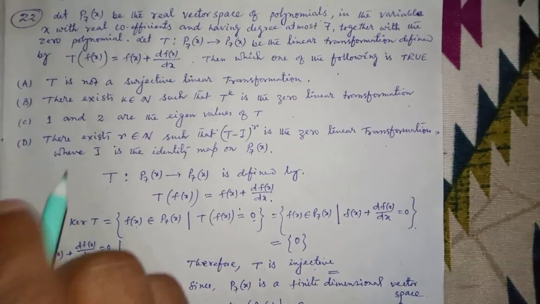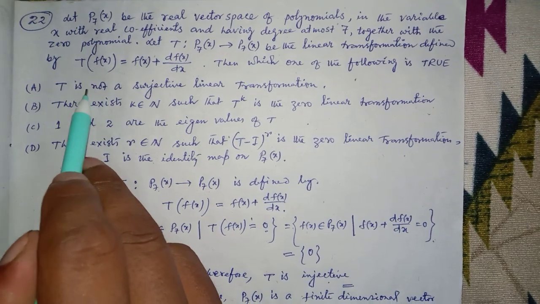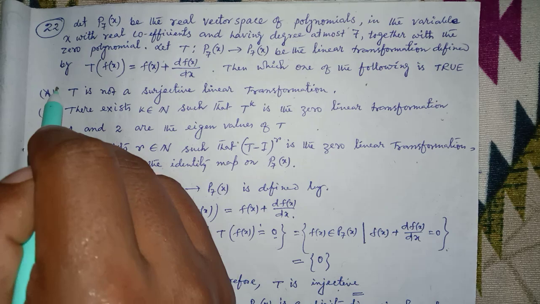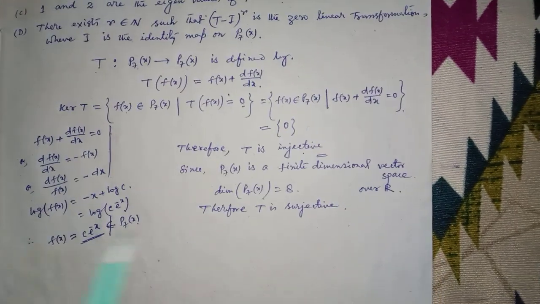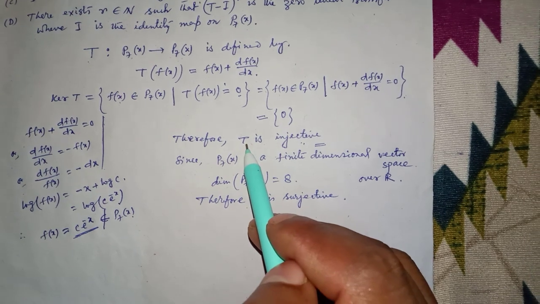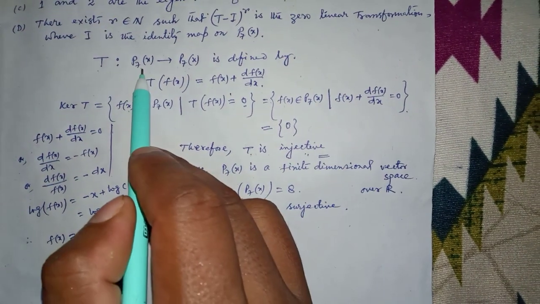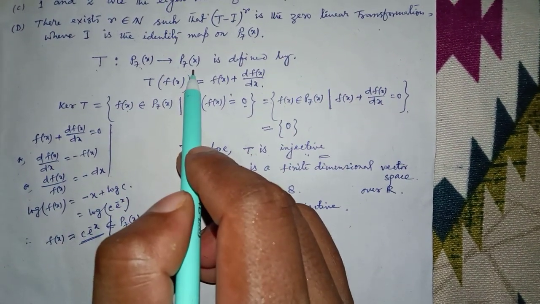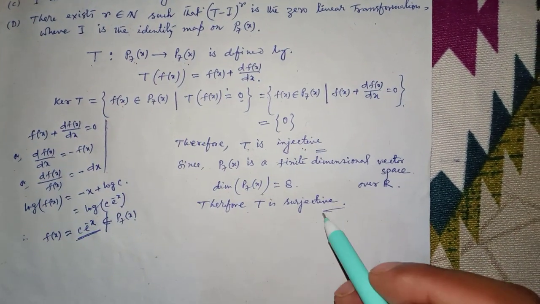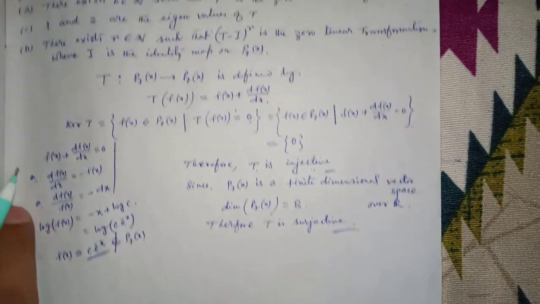But in option A, T is not a surjective linear transformation. This is false, because T is injective and T is a linear transformation from a finite dimensional vector space to the same, so T is surjective. Therefore option A is false.